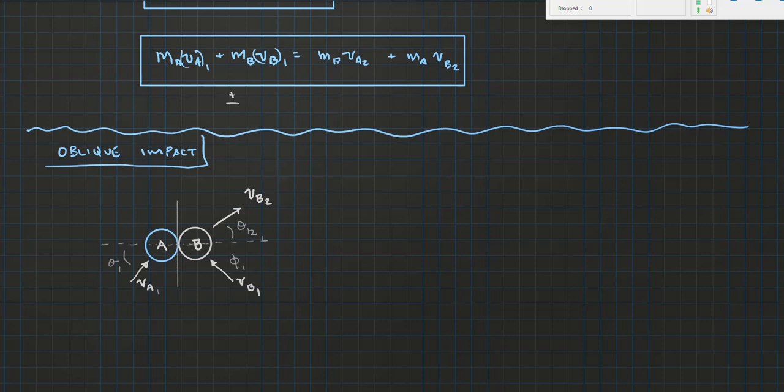Let's put this one here and one here, and this will be at some velocity a2 with a theta 2.